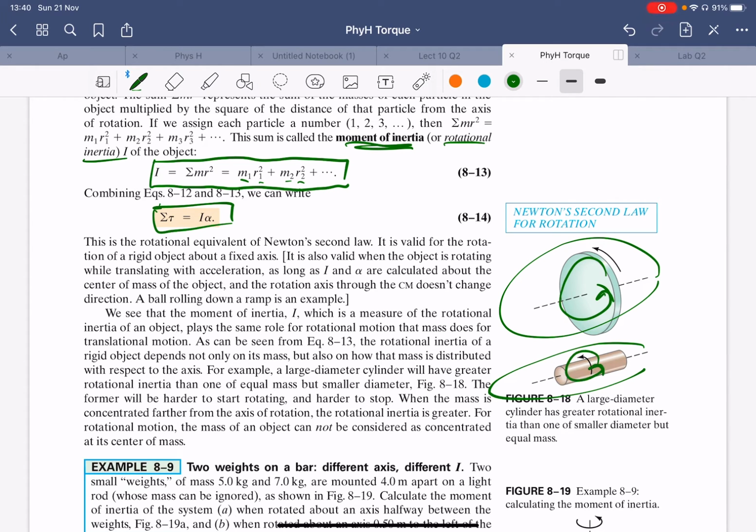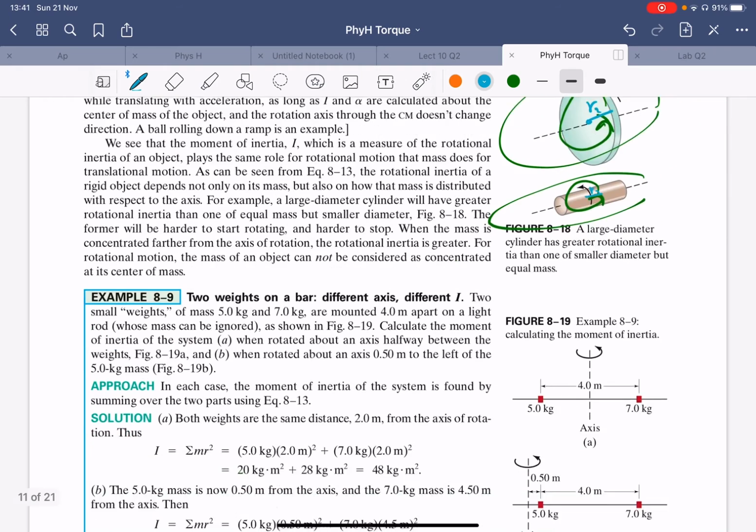Which one will have more moment of inertia? Let's say both have the same mass, and this one has greater R: R2, and this is R1. If R2 is greater than R1, and M2 is equal to M1, then I2 will be greater than I1. Just remember that.